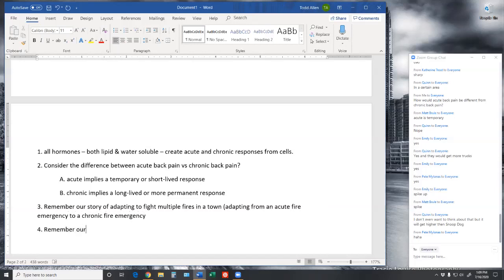Remember our story of adapting to an unusual high sugar diet, right? 6 packs of Twinkies.